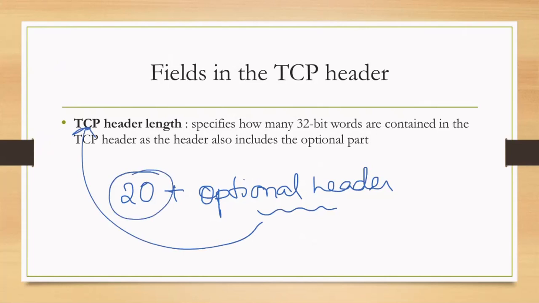The 20 is fixed, you don't need to add it to this. So if there are, say, 4 32-bit words, then the TCP header length would be 4. So what would be the size? 4 into 4 32-bit words, so you can see how many bytes it comes out to. So this is the TCP header length.